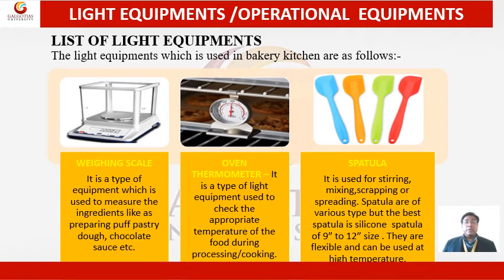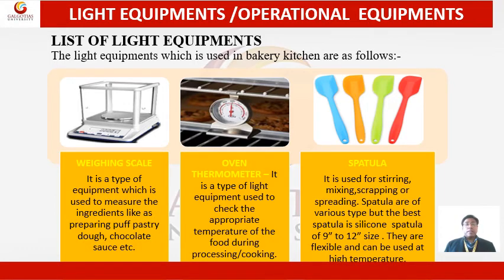Among the light equipments, again, we have some measuring equipment. For example, weighing scales. Whenever we are cooking something, we need to weigh the ingredients, the dry ingredients, for making a bakery product or otherwise, so we use these weighing scales. Then we have spatulas, different types of spatulas for mixing, stirring, scraping, spreading, multi-purpose.